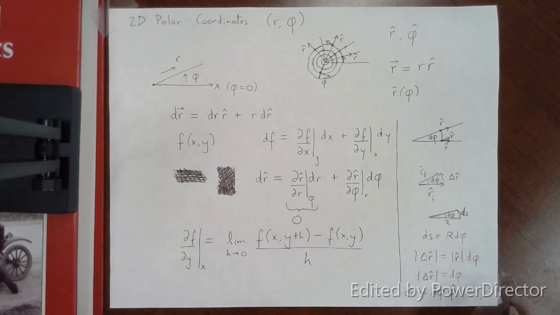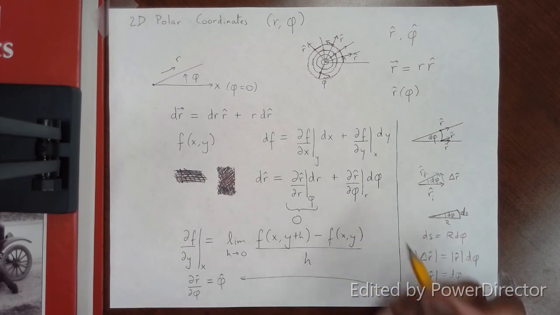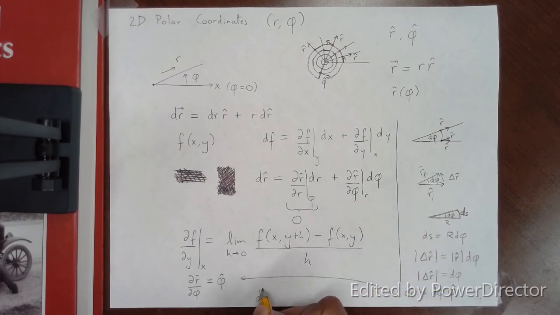Since there is no r dependence, we can in fact write this as partial r hat partial phi is equal to phi hat. And plugging that back in over here, again we simply get the relation dr hat is equal to phi hat times d phi.